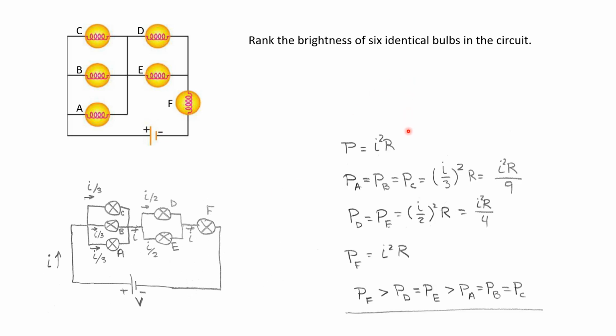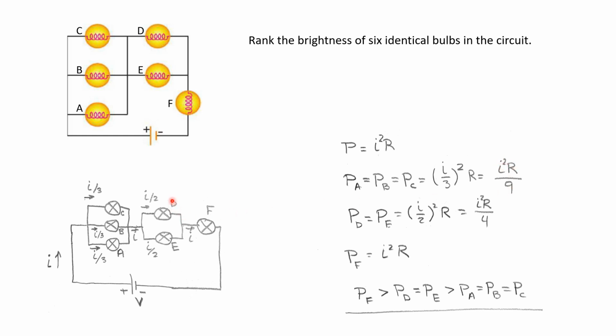The equation for the power is just I squared times R. The powers of A, B, and C are the same because they have the same current going through the same resistance. So it's I over 3 squared times R, which is I squared R over 9.